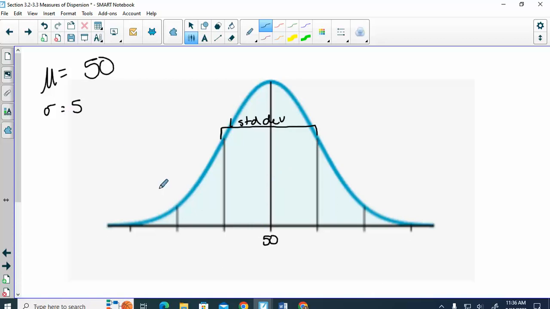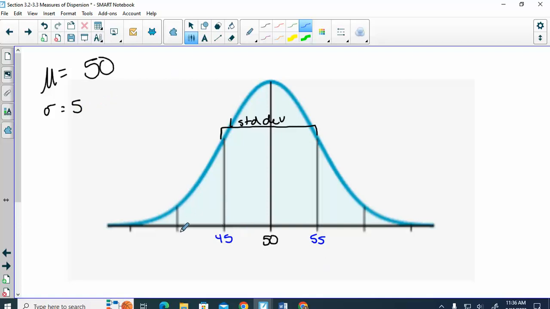So my standard deviation is 5, so that's 5 below and 5 above. So 45 to 55 would be one standard deviation. So if I'm looking at the actual data, if I looked at the list of actual values, 68% of them should be somewhere between 45 and 55. Does that make sense?